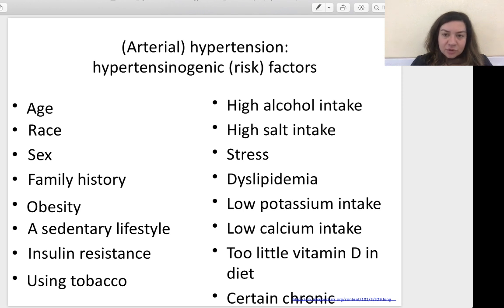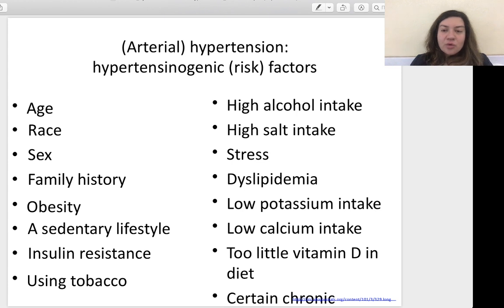Hypertensinogenic risk factors. What risk factors can lead to hypertension, to such a widespread problem? It is age, race, sex, family history, obesity, sedentary lifestyle, insulin resistance, using tobacco, high alcohol intake, high salt intake, stress, dyslipidemia, low potassium intake, low calcium intake, too little vitamin D in diet, and certain chronic disorders.